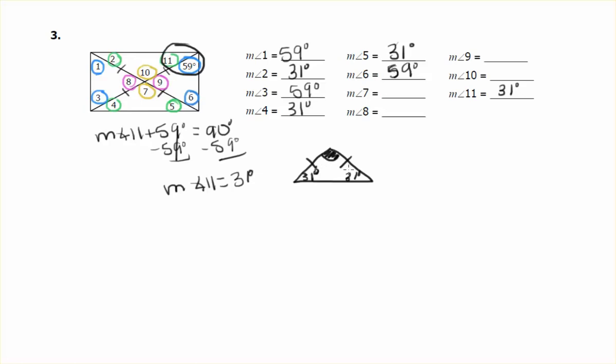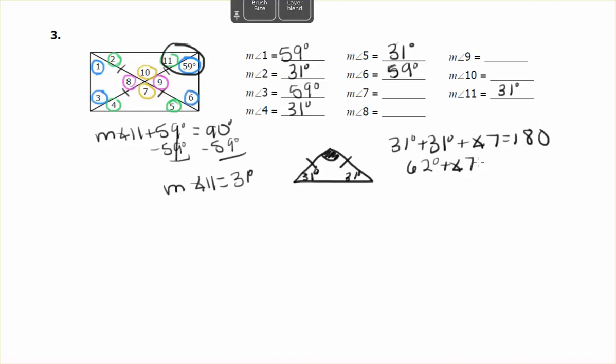So the two bottom angles that are 31 degrees, if I add those together plus angle 7, should equal 180. 31 plus 31 gives me 62 degrees, and I'm going to subtract it from 180, and that will give me angle 7. So I get that angle 7 is 118, which also means that angle 10 is 118.